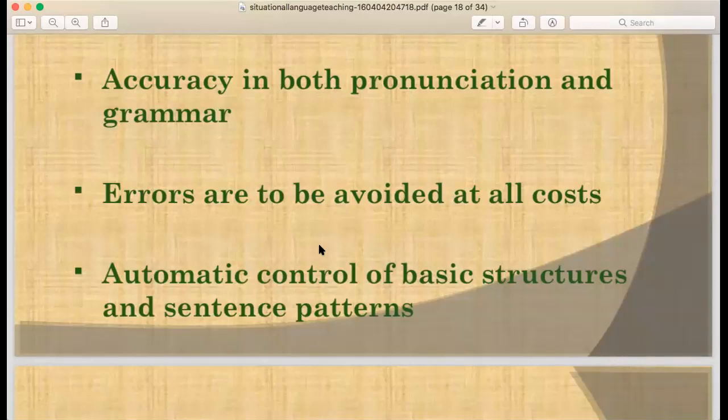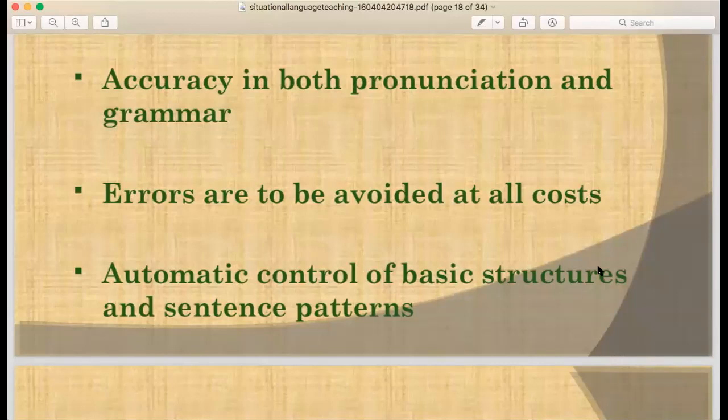If someone says good morning, that's a stimulus. So the reply should be good morning. Okay, that's a response. If someone says how are you, as a stimulus, the response should be I'm fine as a response. Okay, so this should become very automatic for the learners, all these basic structures.